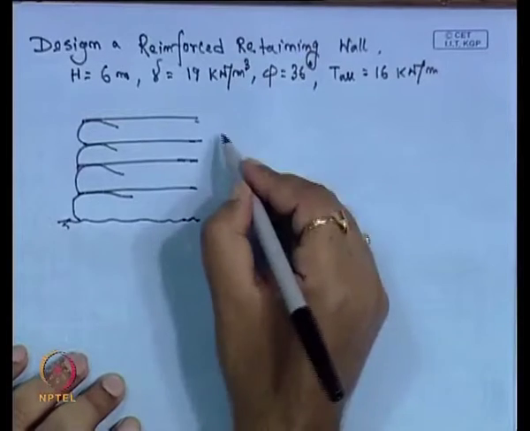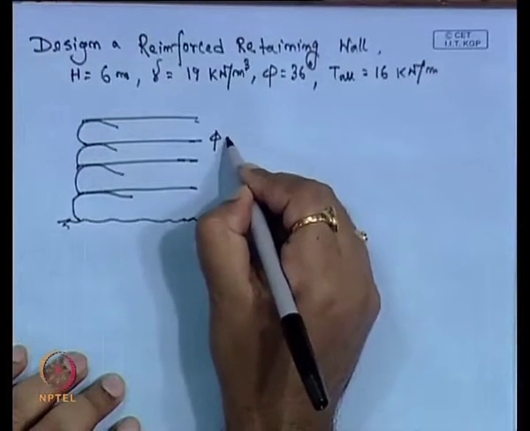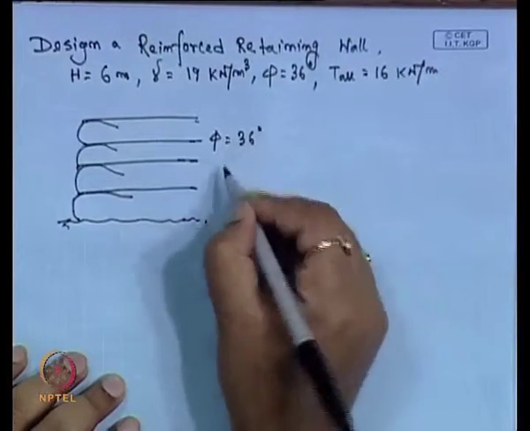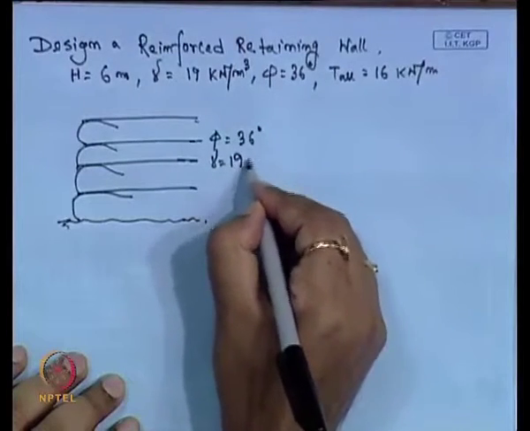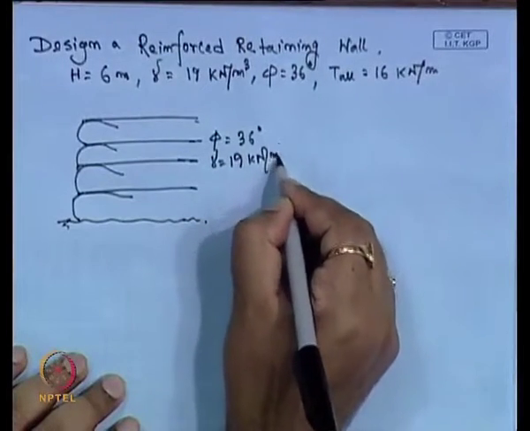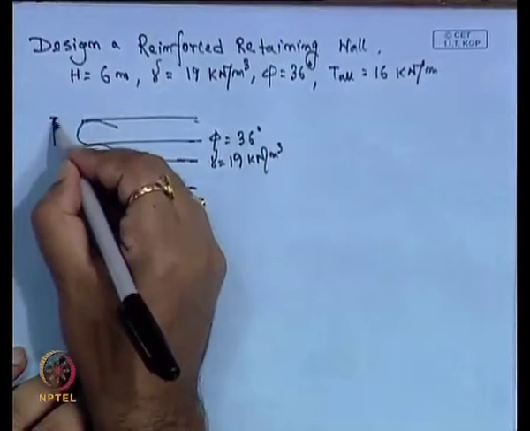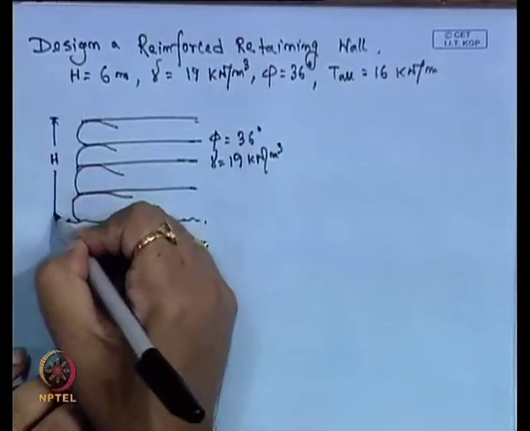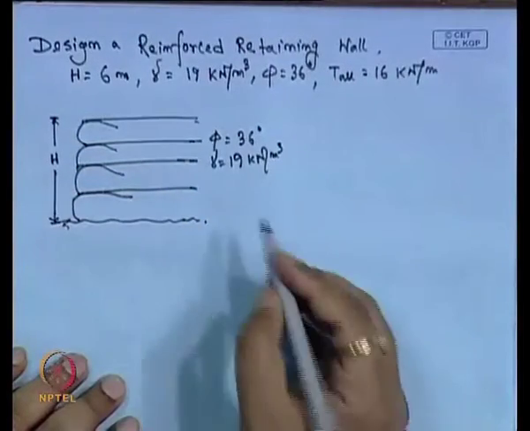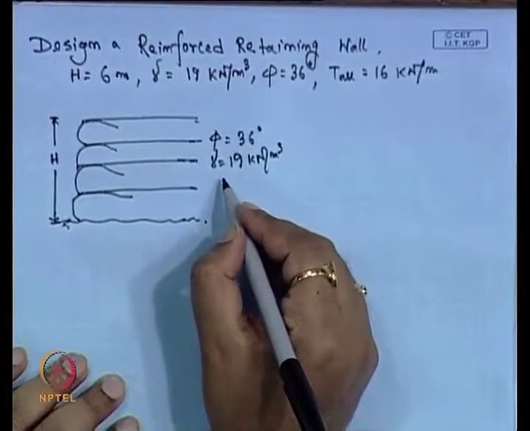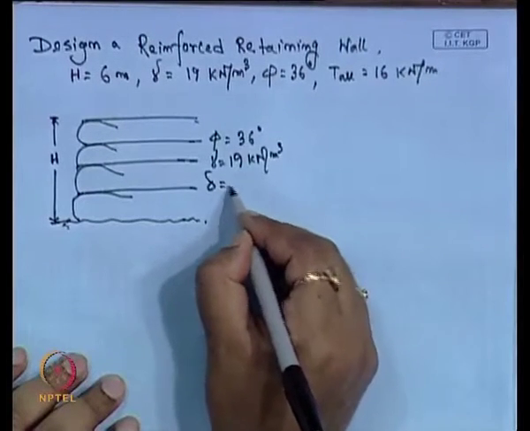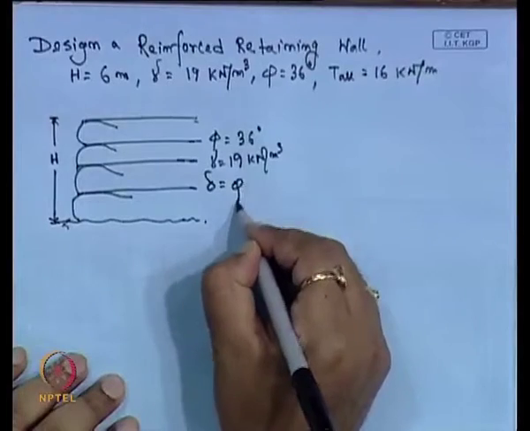Here, phi of the fill is 36 degree, gamma is 19 kilonewton per meter cube, H is given as 6 meter, and delta is assumed equal to phi.